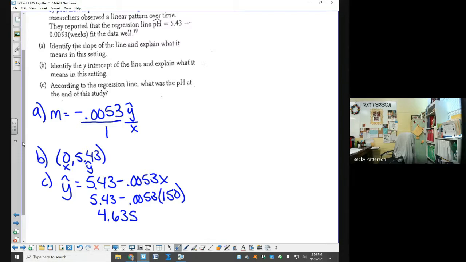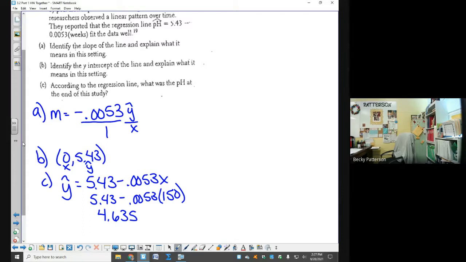Did y'all catch the slope was negative? I saw the negative, okay. So let's see, X is weeks and pH. So I would say for every 1 week, the pH balance is decreasing by 0.0053. What do you think?